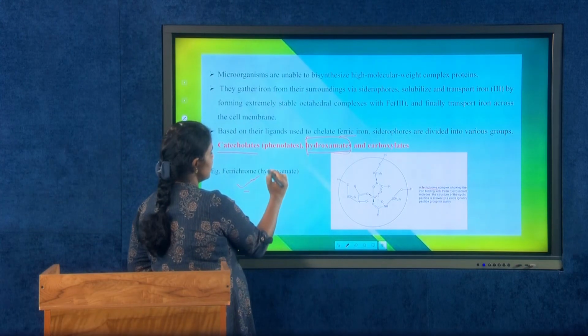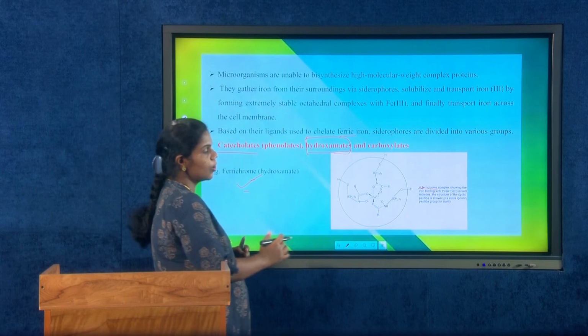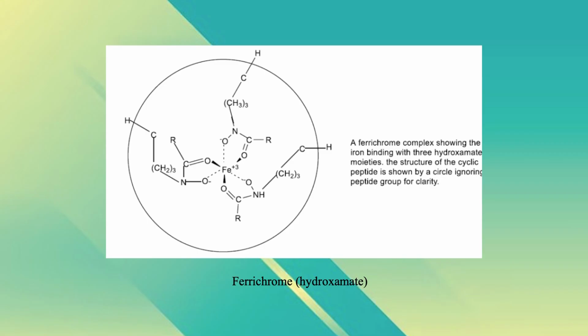You can see this example, the ferrichrome complex. It is a siderophore which is a hydroxamate complex. So, there are different types of ligands that will complex with iron 3 plus, and they are utilized by the lower organisms because they are not capable of producing high molecular weight complexes.